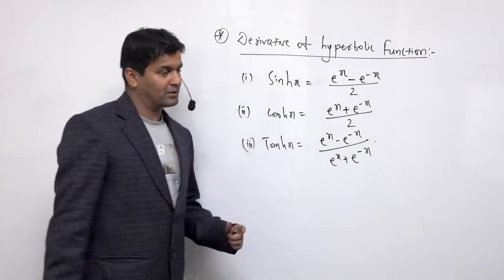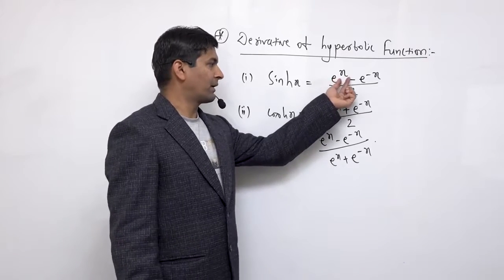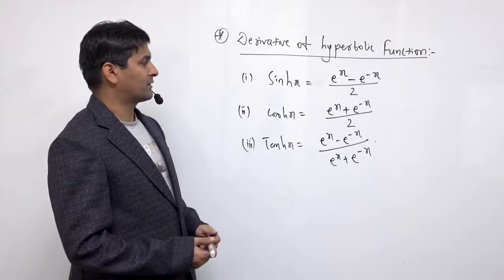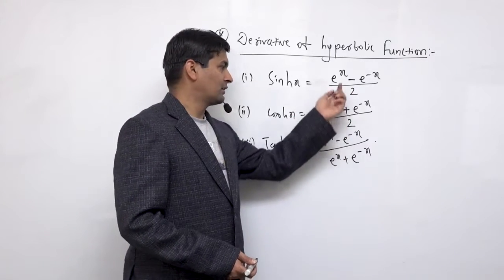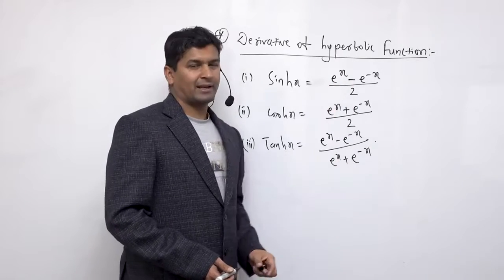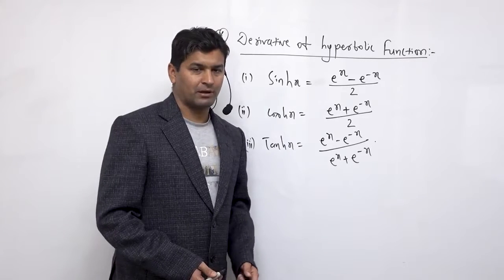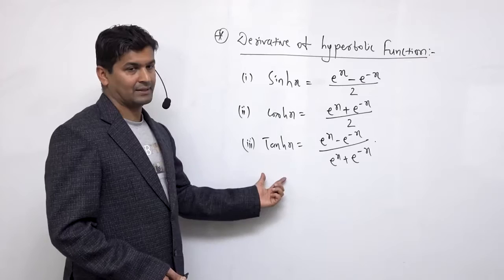Tan means sin by cos. So sin hx by cos hx is this. Sin hx means e to the power x minus e to the power minus x by 2. Cos hx means e to the power x plus e to the power minus x by 2. And sin by cos, this 2 and 2 are cancelled. So the remaining is e to the power x minus e to the power minus x by e to the power x plus e to the power minus x. These are the hyperbolic functions, sin hx, cos hx and tan hx.